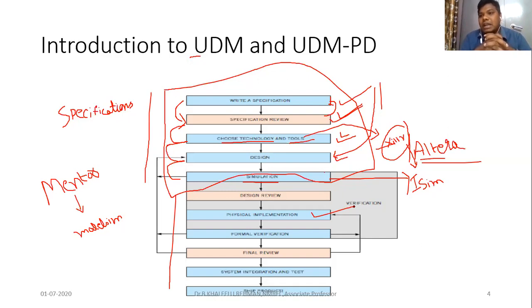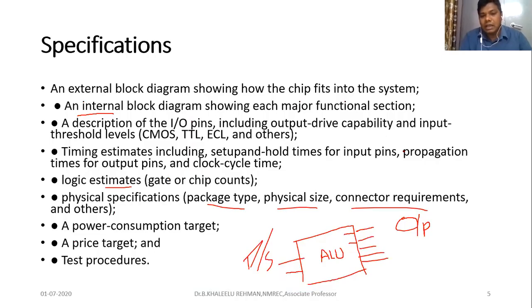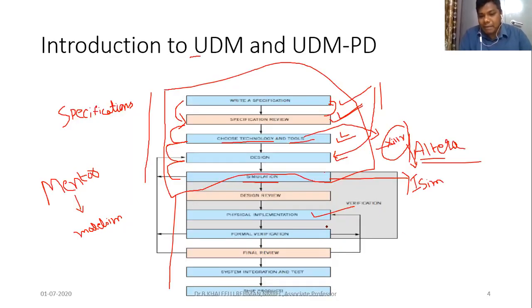We have not yet connected any hardware. Now we are coming to the physical implementation. Physical implementation means converting software into hardware. In physical implementation, we have three steps. Here I am writing the steps for a physical implementation.